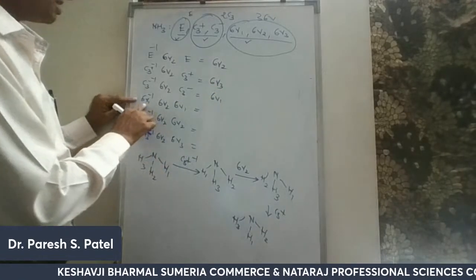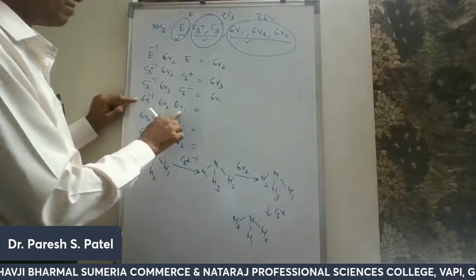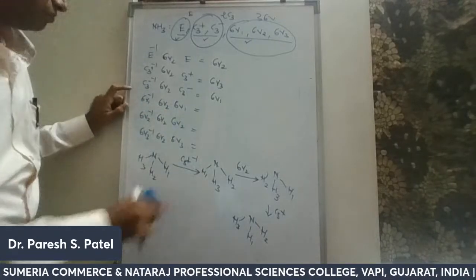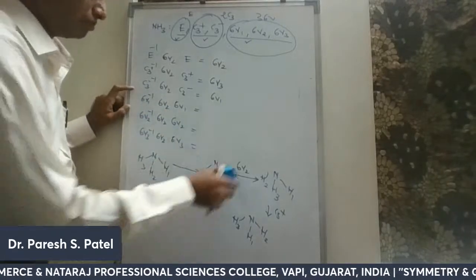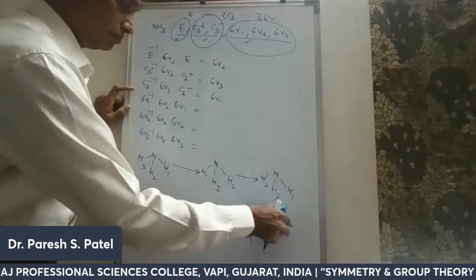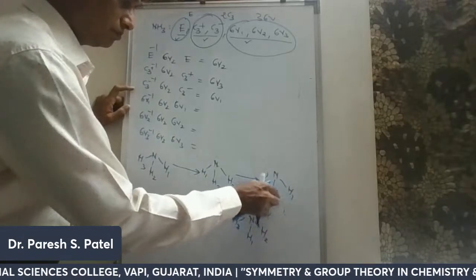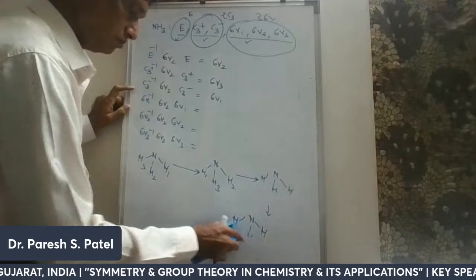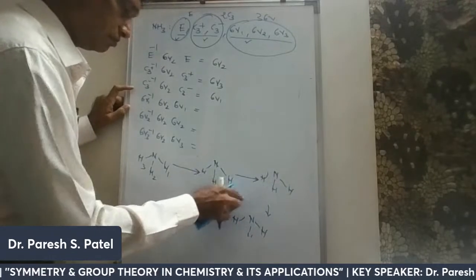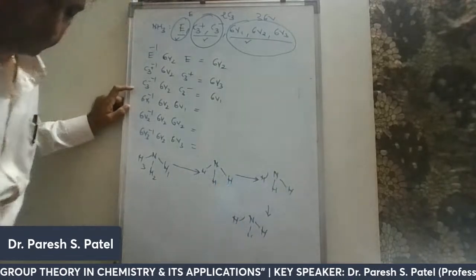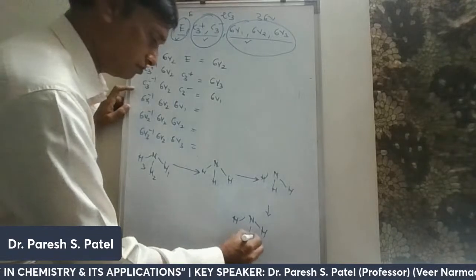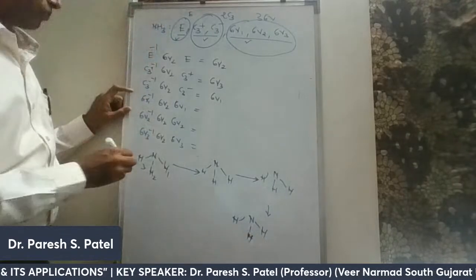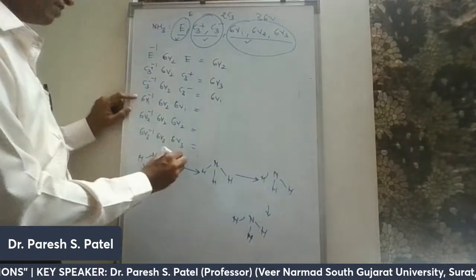Next one is sigma V inverse, sigma V2, sigma V1. So third one is sigma V1 inverse.